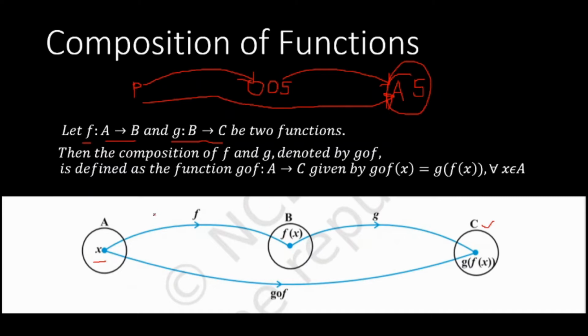Next, on f of x, we are applying the function g. So what do we get? g of f of x. So finally we can say gof of x. Is it clear? When you work out, you'll understand more.